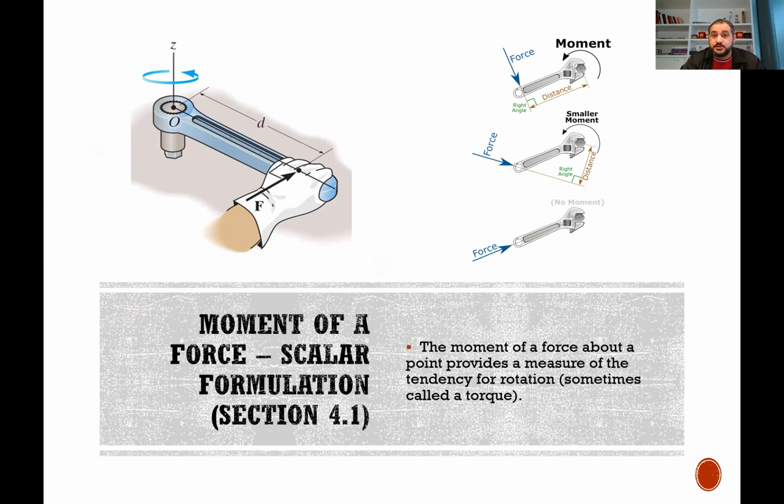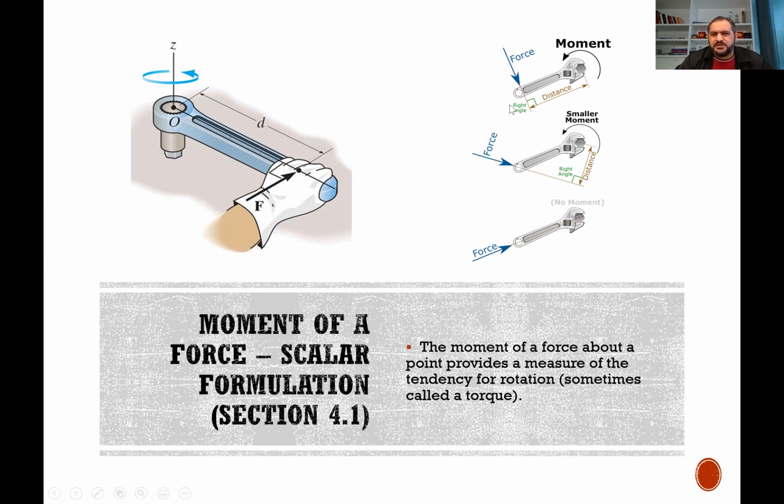There is a counter moment there to resist that moment, or maybe it's already rotating. That's why we say the tendency for rotation. Sometimes we call this rotation a torque. Now the force, and there is a certain arm of rotation in between them, which has to be perpendicular to it, of course. We call it the moment.